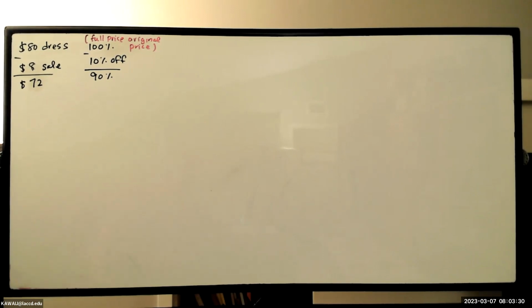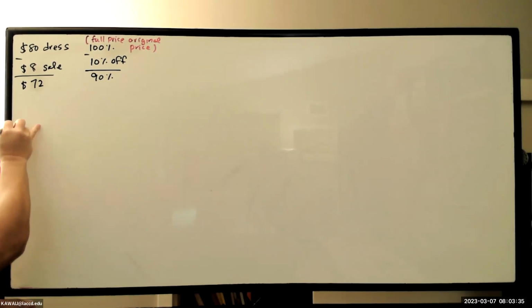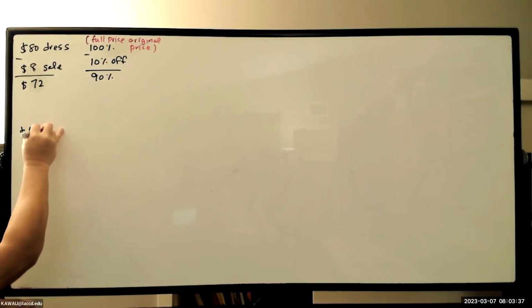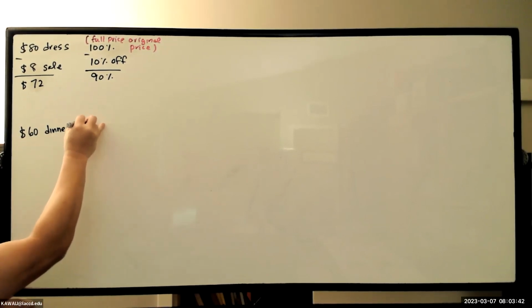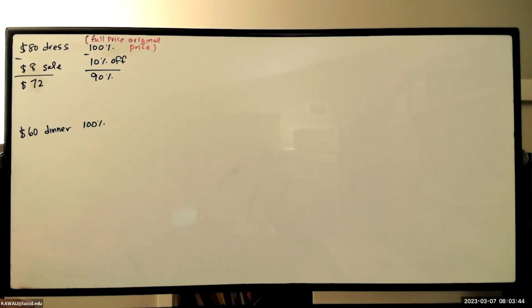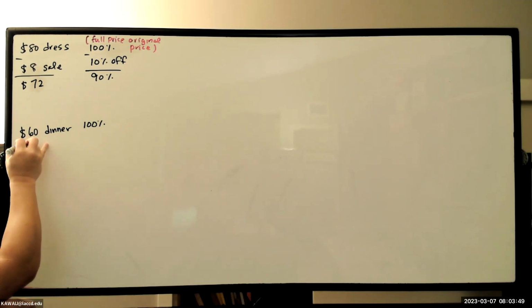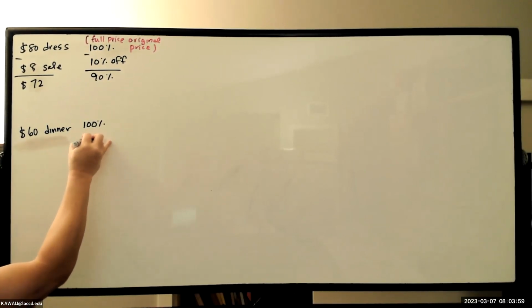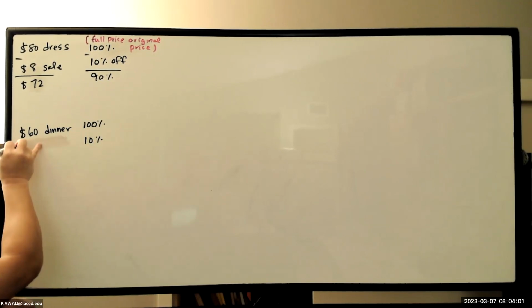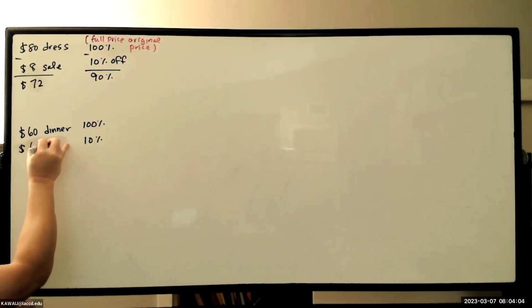Now we could also do this in terms of addition. So let's say I have a $60 dinner, and then let's say I have a 10% tax. So that'll be $6 tax.